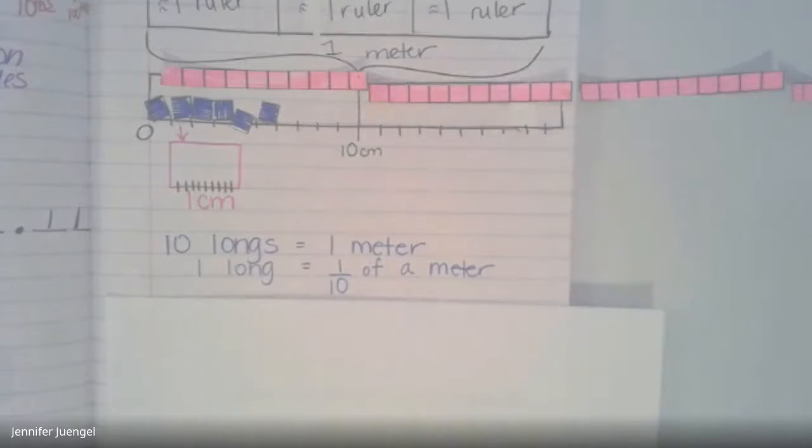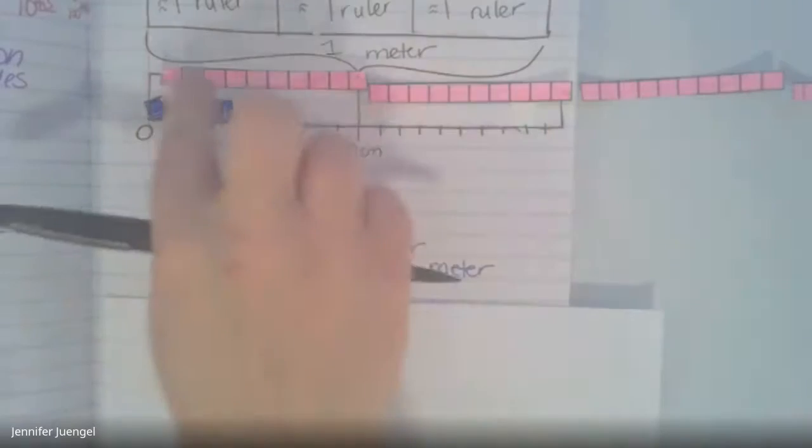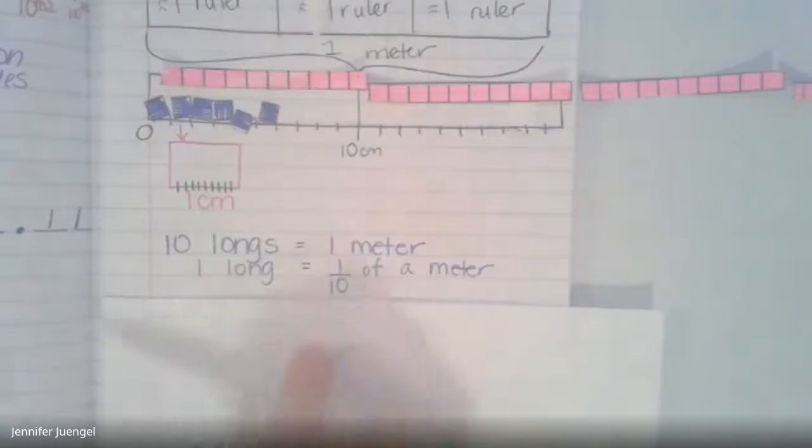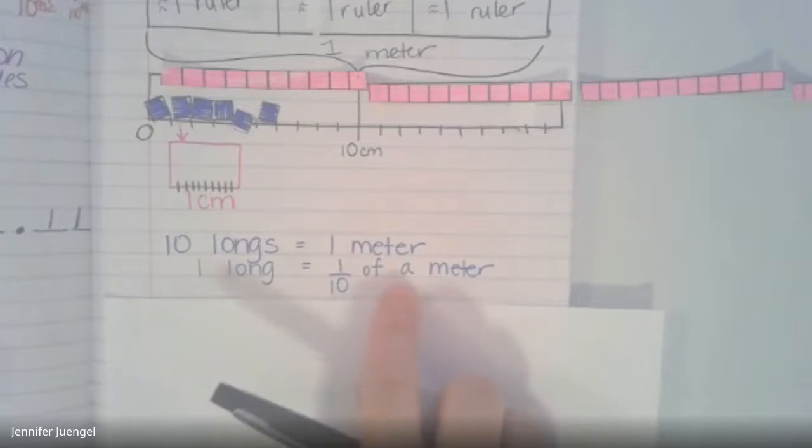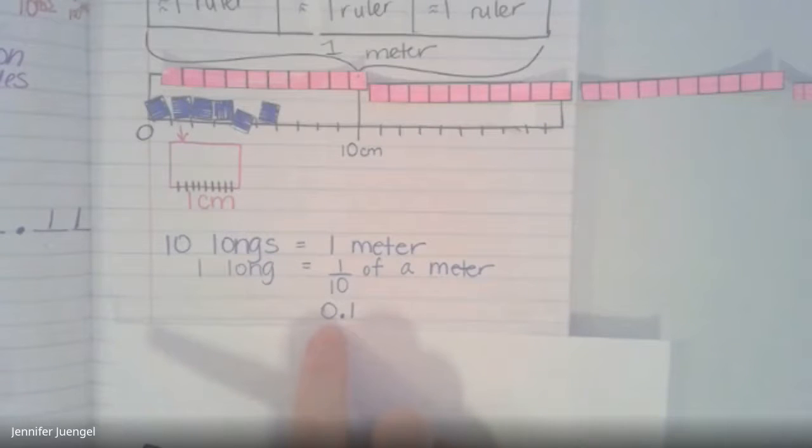So when I use what I know about tenths and hundredths, one 10 stick, one long, is 1/10 of a meter. If I were to write that as a decimal, I would write 0.1.